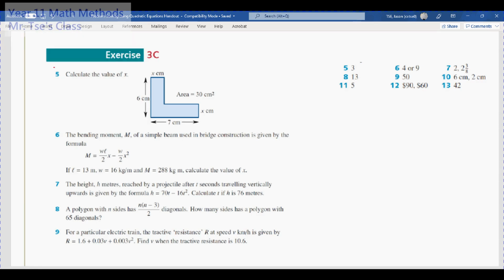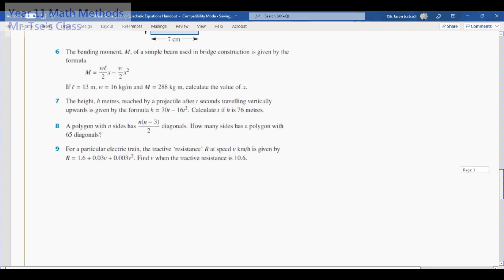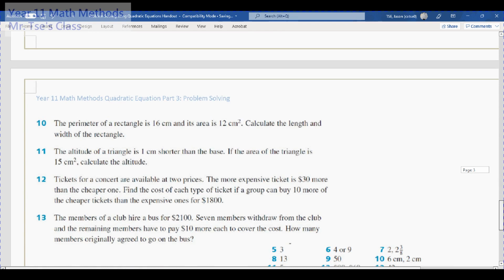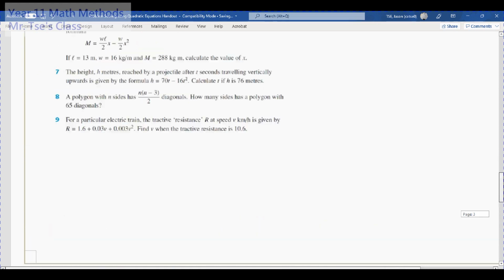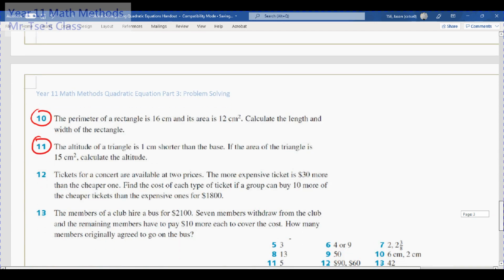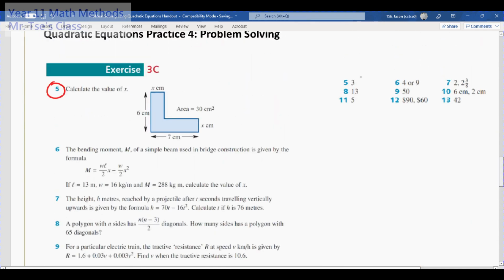Okay, I'm going to ask you to do 5. And this one we've done. And 10 and 11. So there are 3 questions. I think these 3 questions might take you some time to think about. So I would say this would be 30 to 45 minutes of homework.